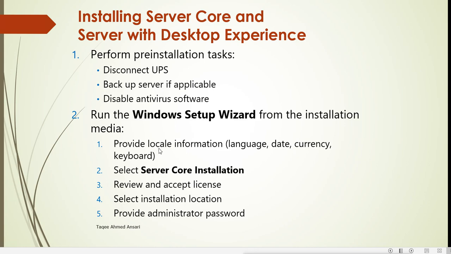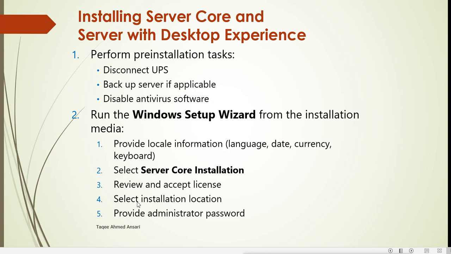After that, it will ask what installation you want. If you want to install the desktop experience, you select desktop experience. If you want to install the Server Core edition, you can select the core installation. Then when you go next, it will show what you have selected.